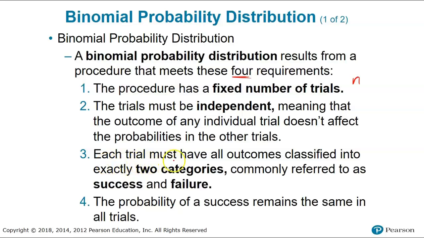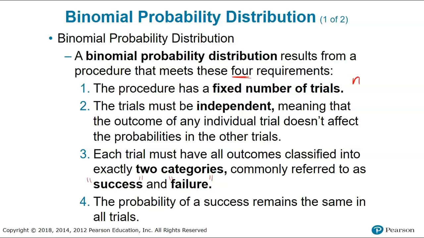3 here is that each trial must have all outcomes satisfied into exactly 2 categories, and we're going to refer to those categories as success and failure. These are simply mathematical terms, so I don't want to imply any kind of positive or negative connotation to success and failure. For instance, in a particular problem, success might be defined as female and failure might be defined as male, whereas in another problem it could be the reverse of that.